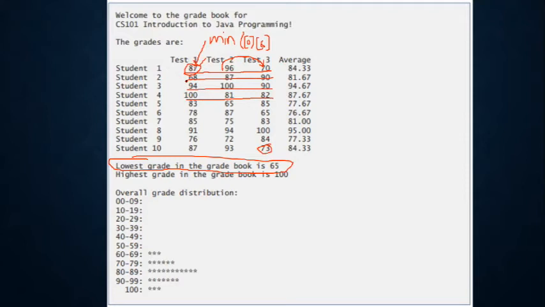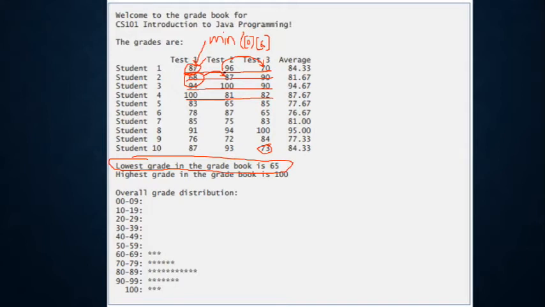Next value in the next row: is 87 less than 68? False, meaning 68 is smaller. By this time, since it returns false, we now have the new value of our low grade. Low grade is now equal to 68. For the next value, we compare: is 68 less than 87?